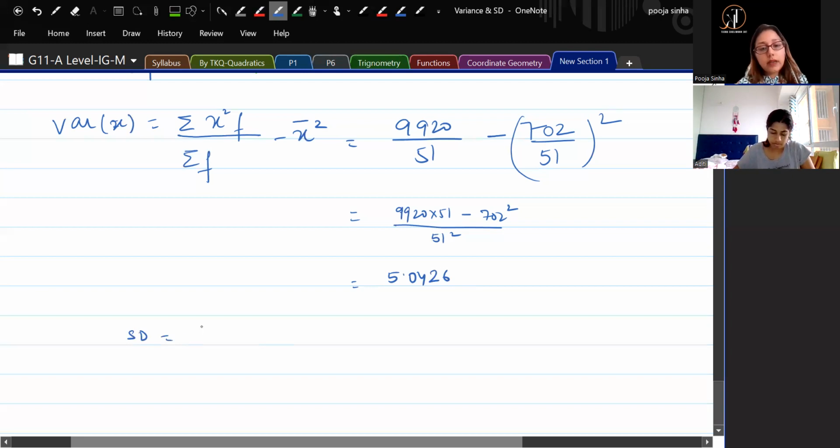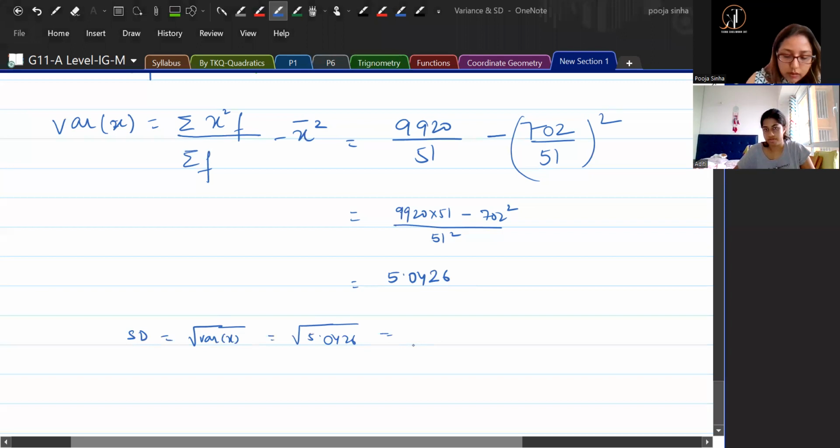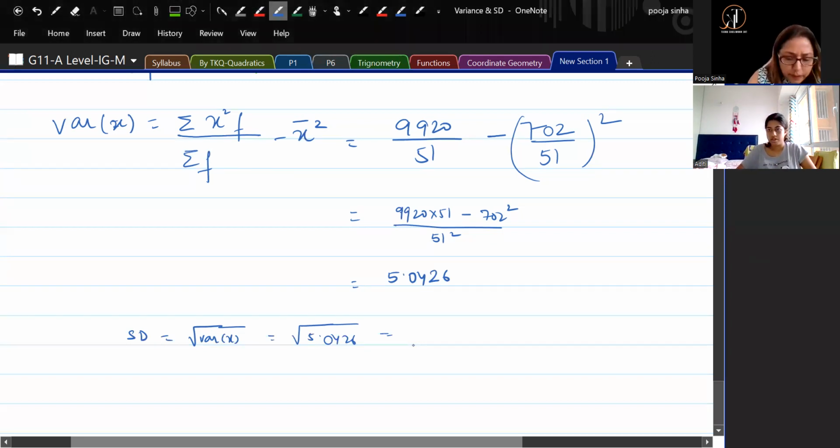SD is under root of variance, which is equal to under root of 5.0426, which is equal to 2.24. No, wait. I think I'm rounding it off wrongly. Say 2.25 actually, sorry.